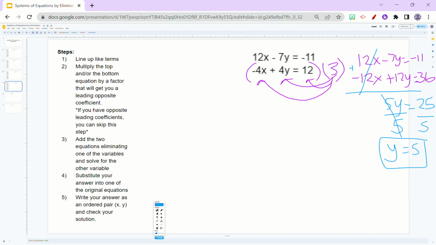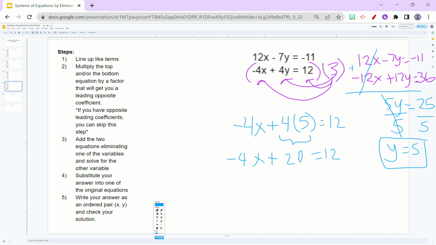Once we get one of the answers, we can pick one of the equations to plug it into. I am going to plug it into the first equation. Actually, I'm going to plug it into the second one because the numbers are a little bit easier to work with. So we have negative 4x plus 4 times y, which is 5, is equal to 12. 4 times 5 is 20.